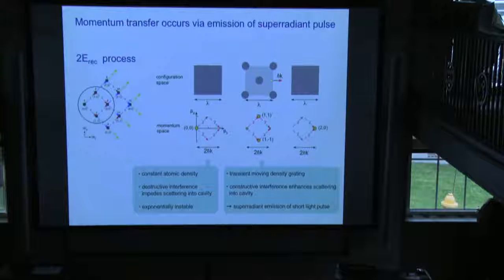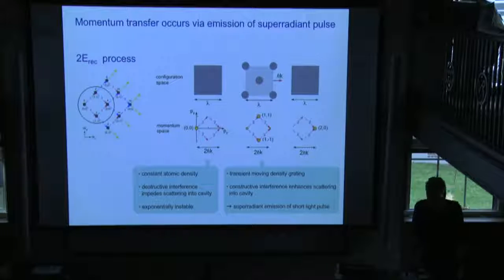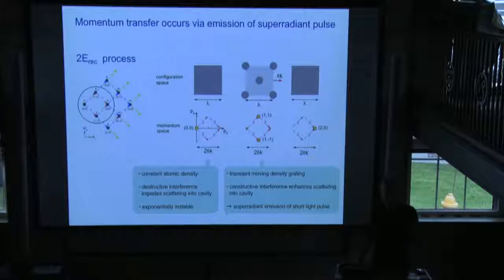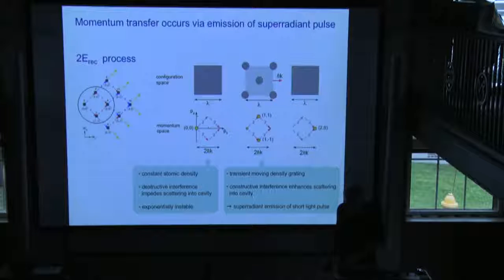And this lattice moves with the velocity hk over m. Once you push all the atoms here, going further on, with further scattering, you are again in a homogeneous distribution, and the process self-terminates. So this should happen in a short superradiant pulse.